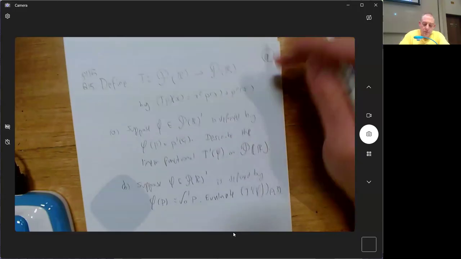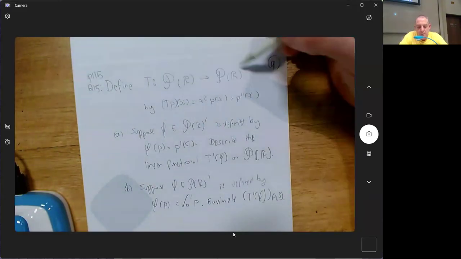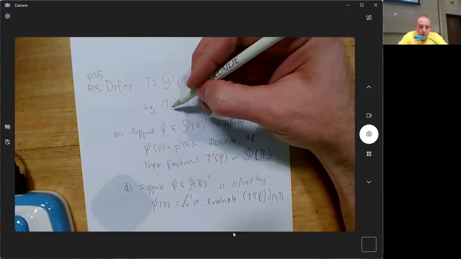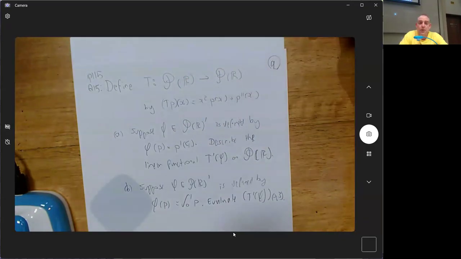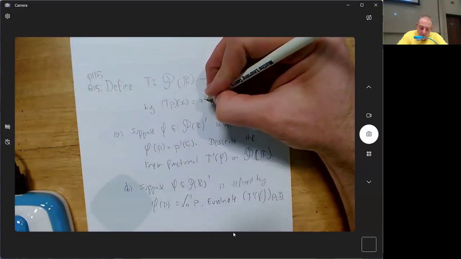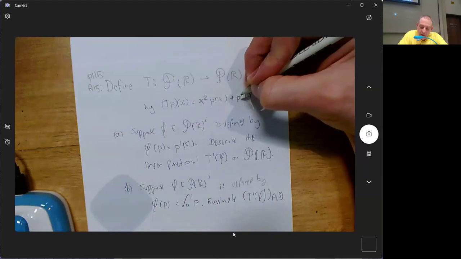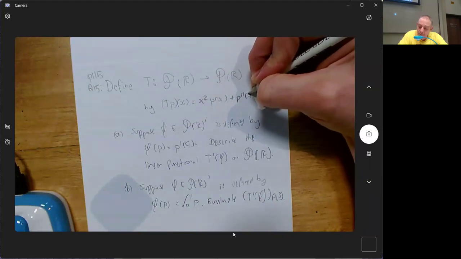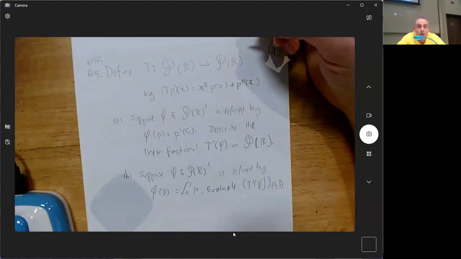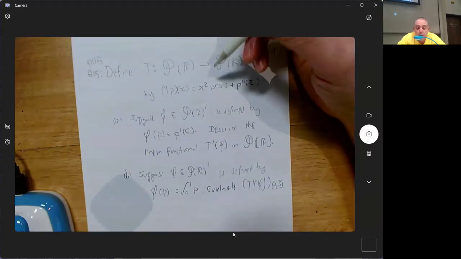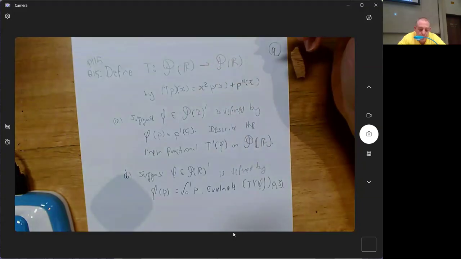Okay, so define T, which sends the polynomials on R to the polynomials on R, by T of the polynomial P acted upon x is this polynomial: x squared times the polynomial plus P double dashed of x. And that is definitely a linear transformation. It takes a polynomial and it produces a polynomial, and if I put P and Q in first, it'll all work out fine.